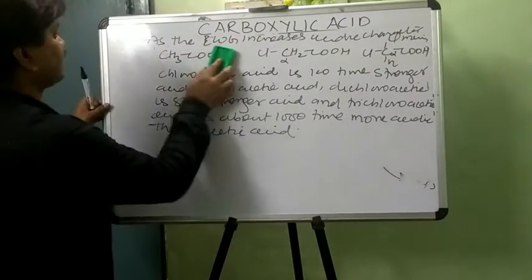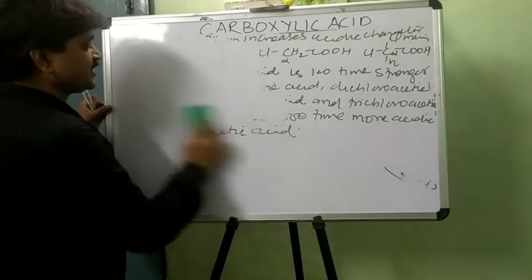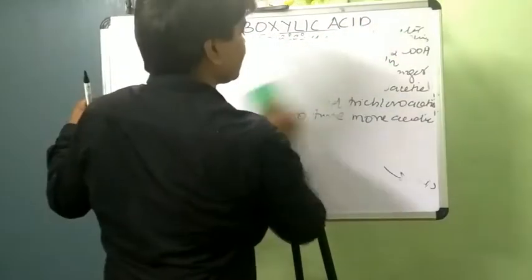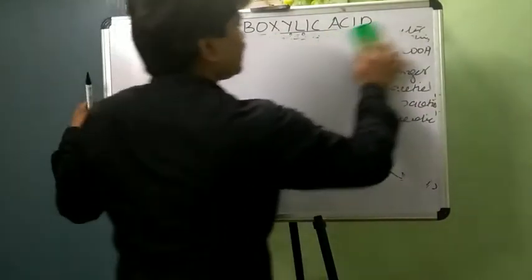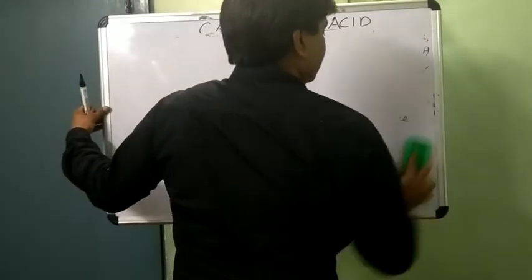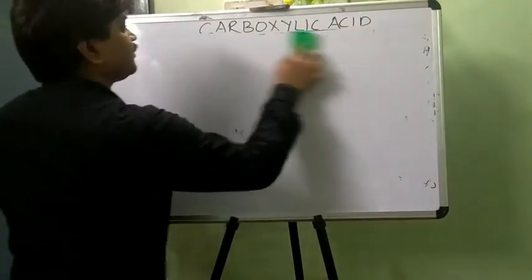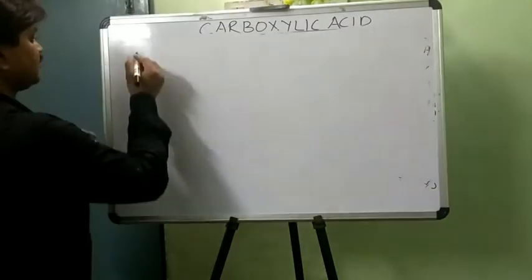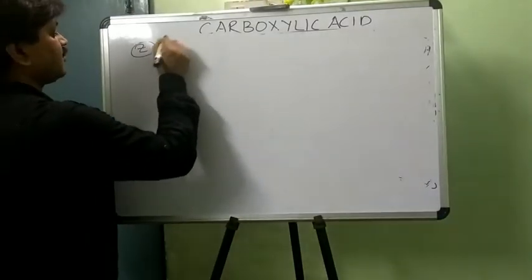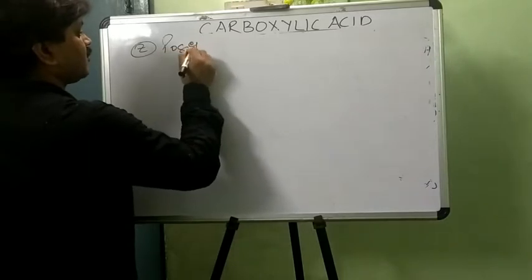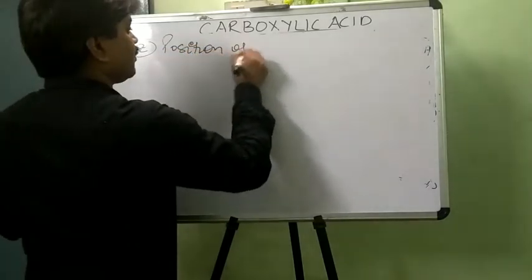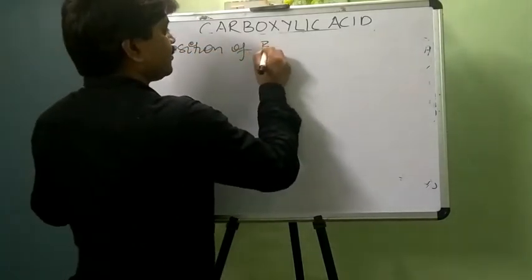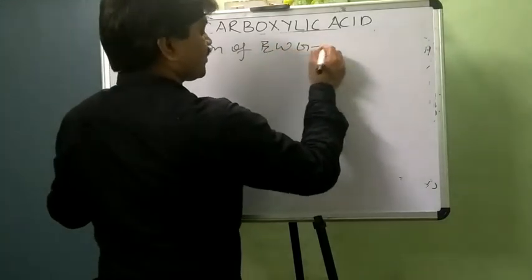Another factor is how the substituent affects the acidic character of carboxylic acid: the position of the electron withdrawing group.